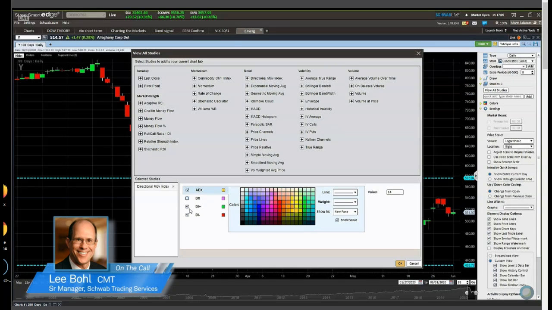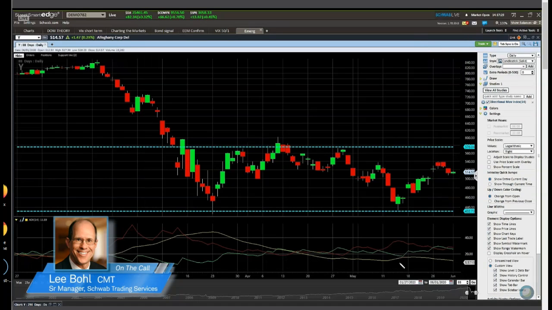Again, most people do not show DX, so I'm not going to put it on there. All right, so again, notice I have them set. I want to set all of the parameters to the same look back period, 14. Okay, again, you could make them 20, but there you go. So we're just going to put these on the chart then. And now you have all the indicators on there.